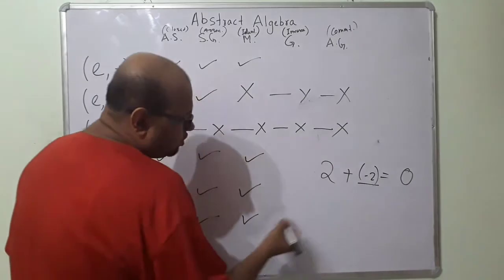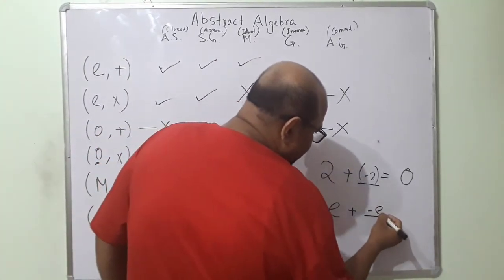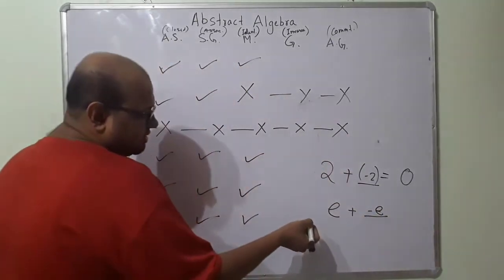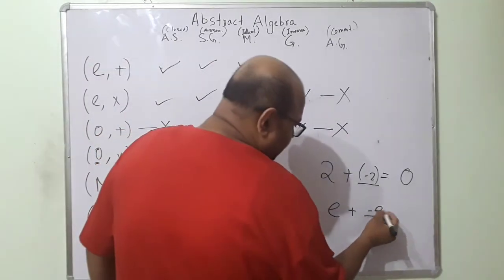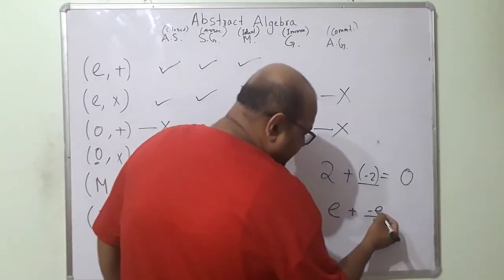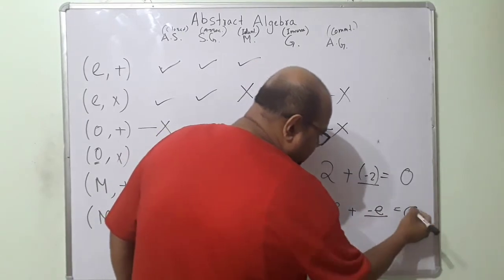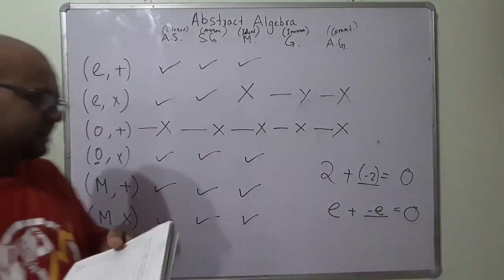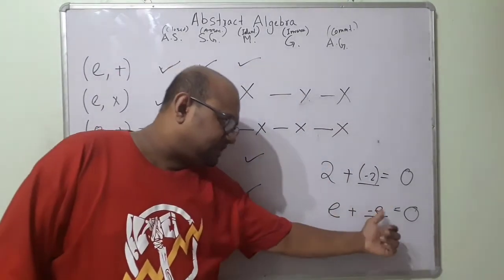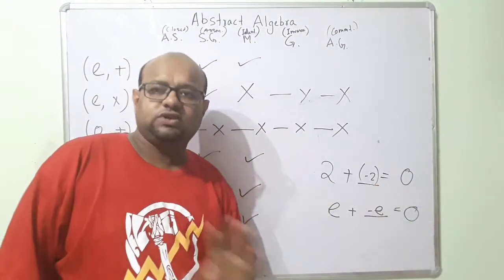So for any even number e, minus e will be the additive inverse, and the addition of these two will give me 0. Here is my question: if this is an even number, is this also an even number? 2 is an even number, and minus 2 is an even number.